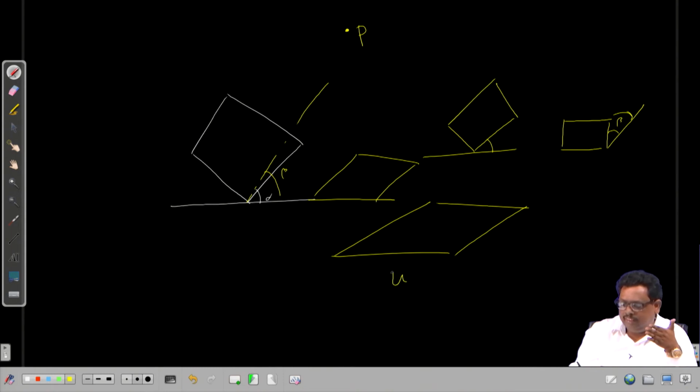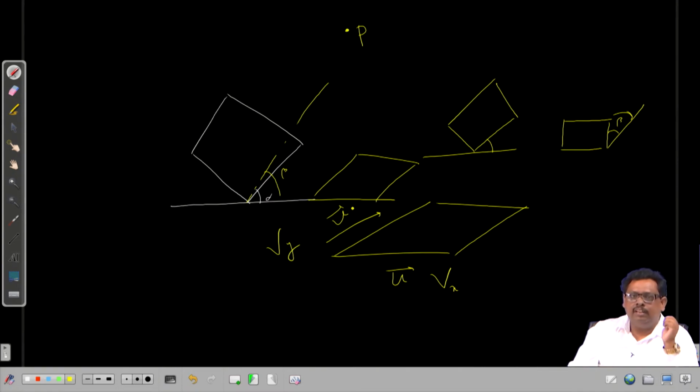Lying on this plane, let us call it UV, and in fact, we can call this Vx and this one along Vy, mutually perpendicular. Now, what happened to the point P?